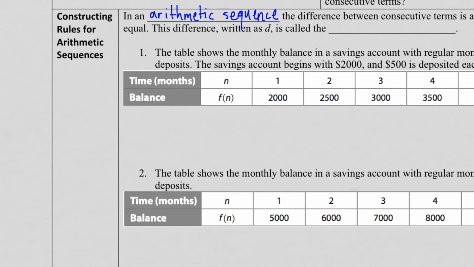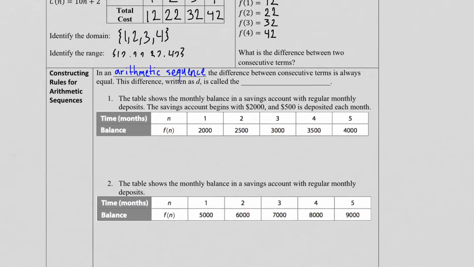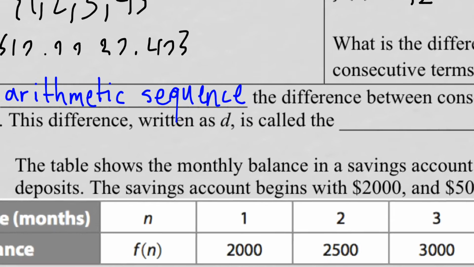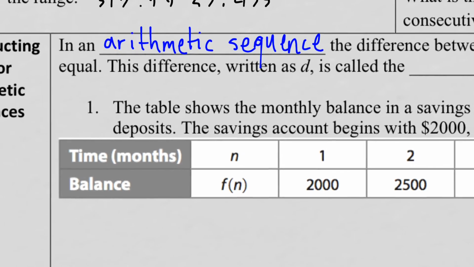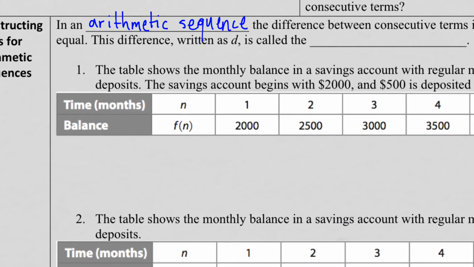In an arithmetic sequence, the difference between consecutive numbers, consecutive terms, is always equal. Meaning that, like the last one we saw, the difference between these two numbers was 10, 10, 10, right? Every time the difference between them is 10. So if you get the same number every time, you have what we call an arithmetic sequence. So that one right there is an arithmetic sequence because the difference between them is always equal.